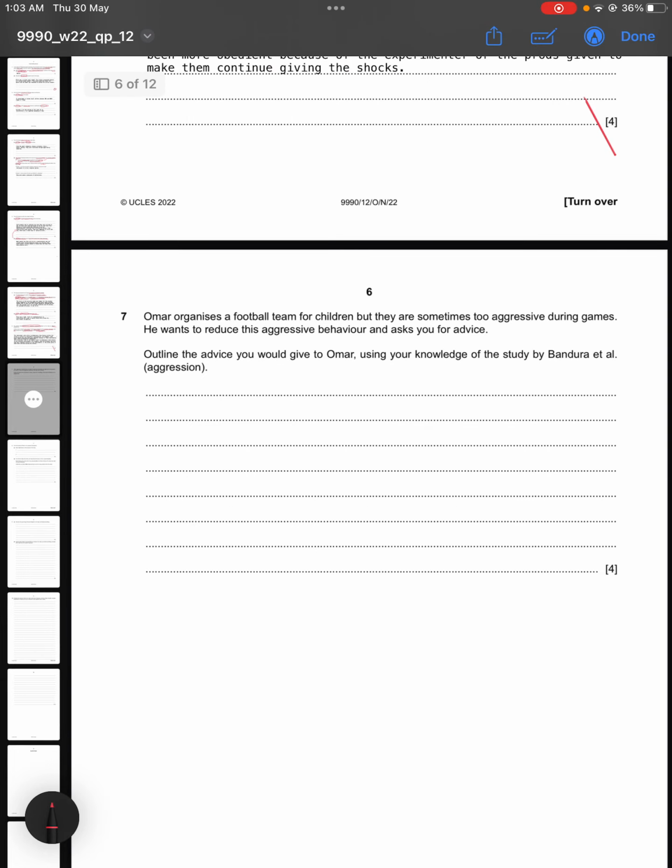And then question number 7 says, Umar organizes a football team for children, but they are sometimes too aggressive during games. He wants to reduce this aggressive behavior and asks you for advice. Outline the advice you would give to Umar using your knowledge of the study by Bandura et al. Aggression. So make sure that you are clear that Bandura was about aggression inducing.